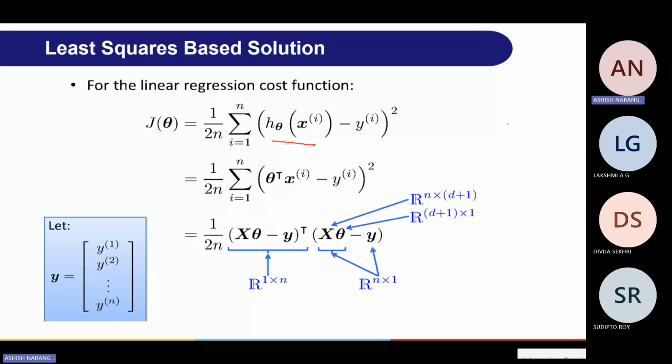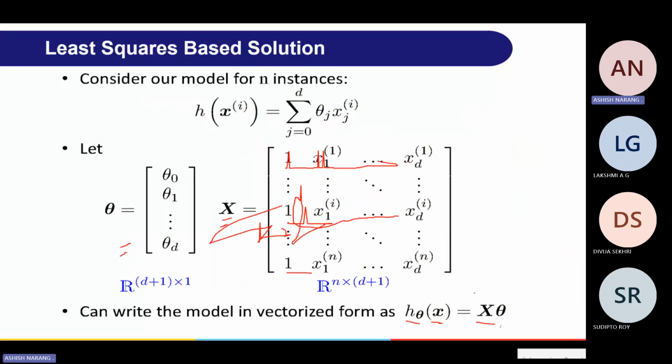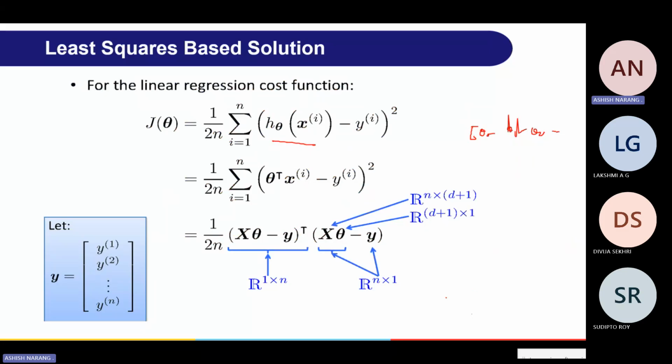Theta transpose will give me a vector like this, theta transpose xi, which we have seen here. Same thing I am going to apply here: h theta xi is theta transpose xi minus yi. Now if I solve it, this is complete mathematics. Now this theta transpose xi is my X theta, I know that this is my X theta.